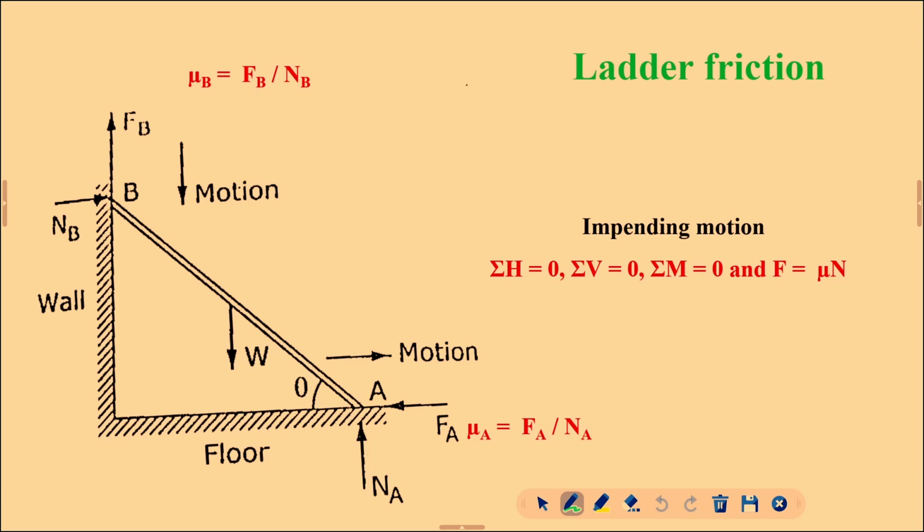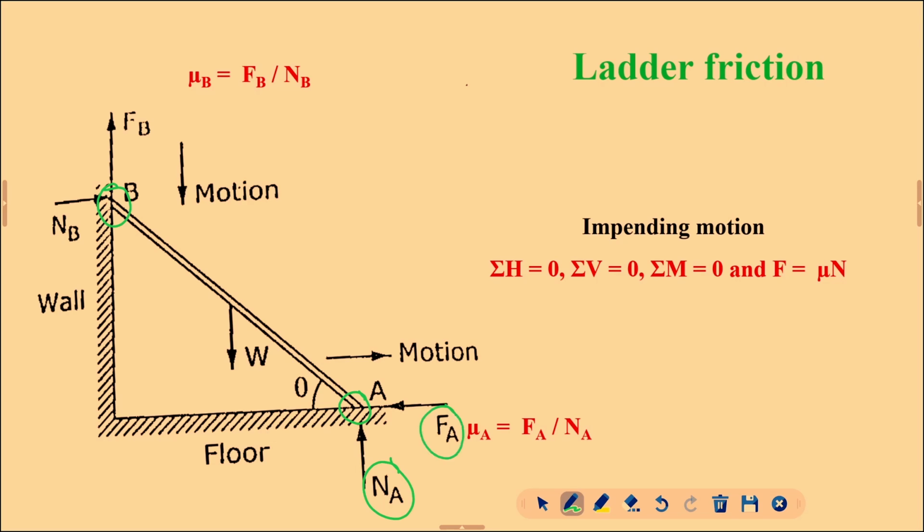The second condition is to assume there is friction at both ends. First we need to specify what all the forces are acting. If this is the movement, the friction will take place in the opposite direction, and the normal is also there at this point.